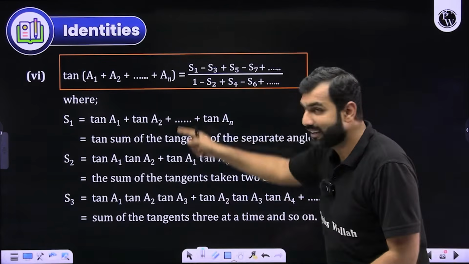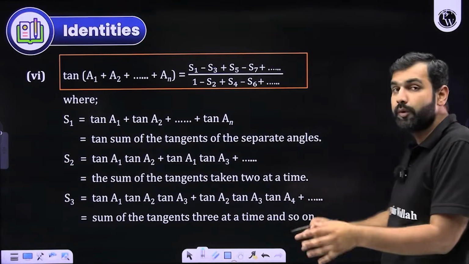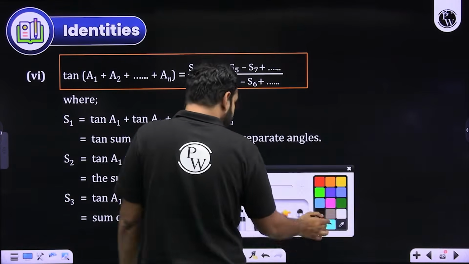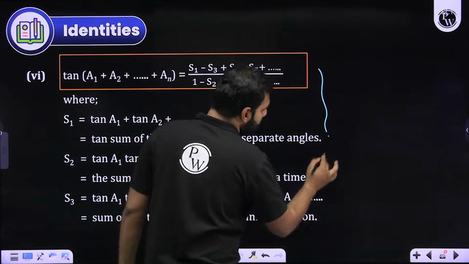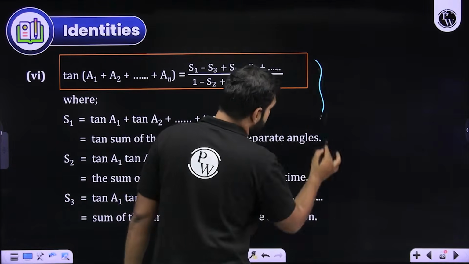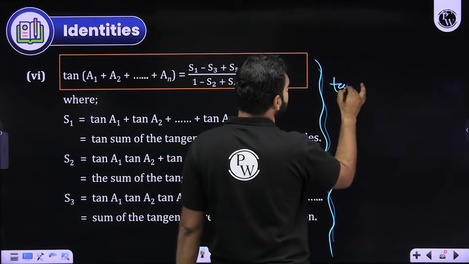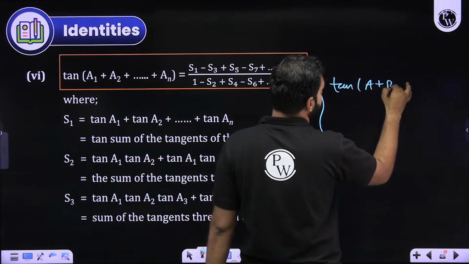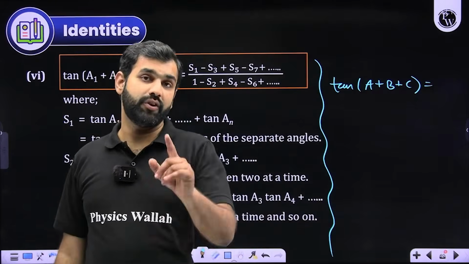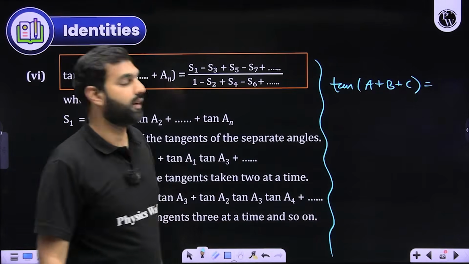Now, if you have learnt this, I can help you create any formula you need. For example, let's say we need to build a formula for tan(A+B+C). How do you create a formula for this? The numerator should have the odd ones. So first of all, I'll write S1. What is S1?